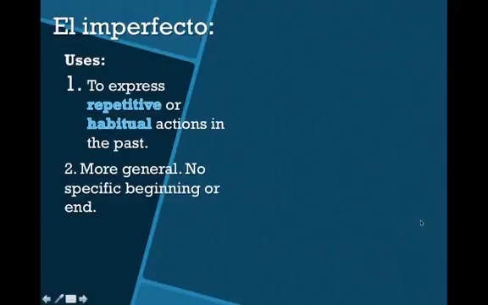And here are some more key phrases to help you identify sentences in which you use the imperfect. Siempre, always, very general. We're not saying yesterday or last night. We're saying always. You always did something, and that's very general. It's repetitive. It happened frequently.